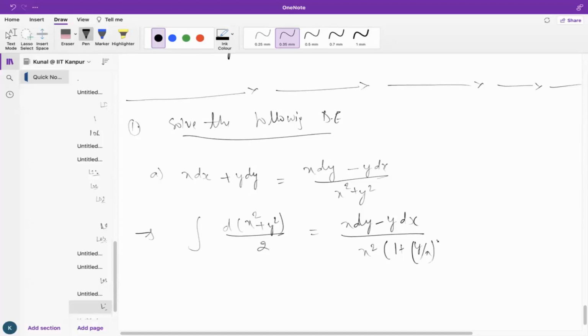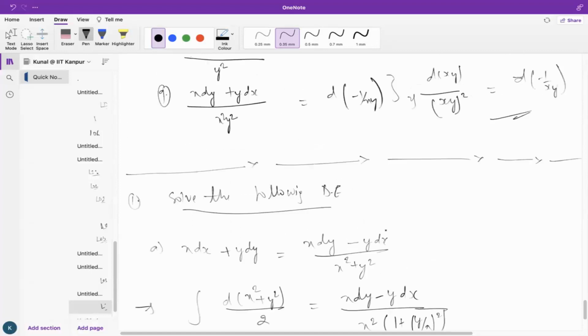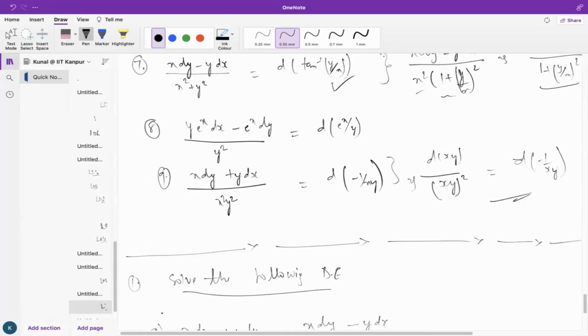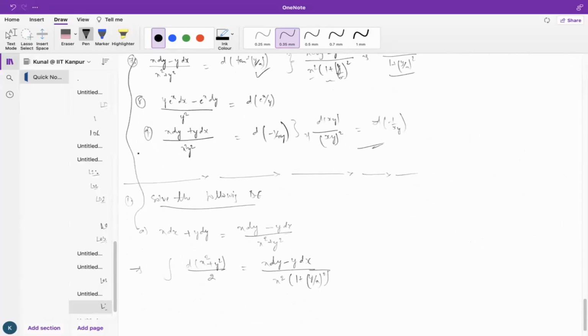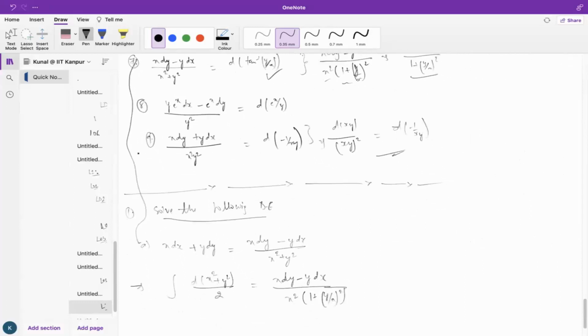Look at it. I just tried to convert it into this form, the seventh form, right? Let me zoom out here. Okay, so I think it will be visible to all of you. मैं बस इसको इस form में convert करने की try कर रहा हूँ, and nothing more. Okay. Are you getting what I'm trying to say? I just tried to convert this equation into that form.